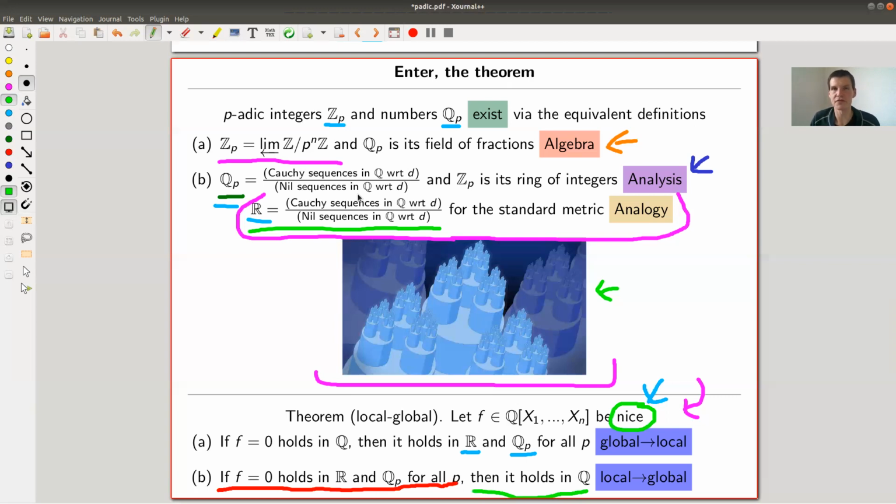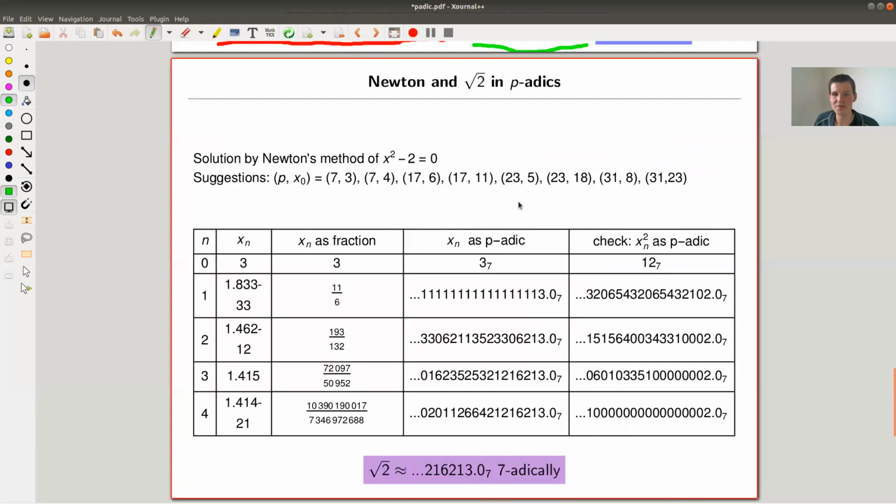Those are the two things people like to study nowadays. Nowadays it's 2021, but I don't think this changes a lot in the next whatever years. Anyway, people nowadays like to study p-adic analysis, p-adic geometry, p-adic algebra. So let me finish by showing you a fun application of what you can do in p-adic analysis.